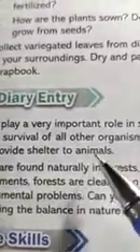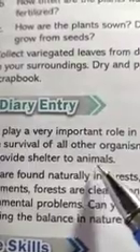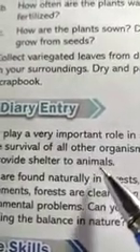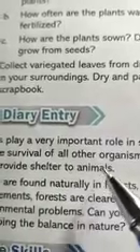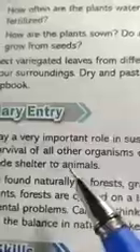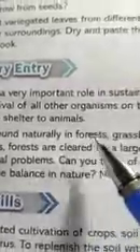Dear students, we know very well due to a large area covered with vegetation, forests prevent air pollution and global warming, and also give a place to the animals. Plants are found naturally in the forest, grassland and other places on the earth.